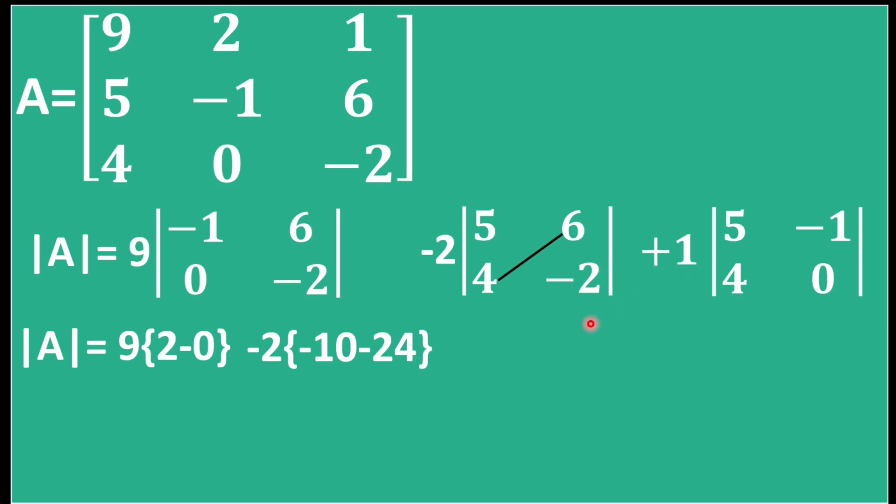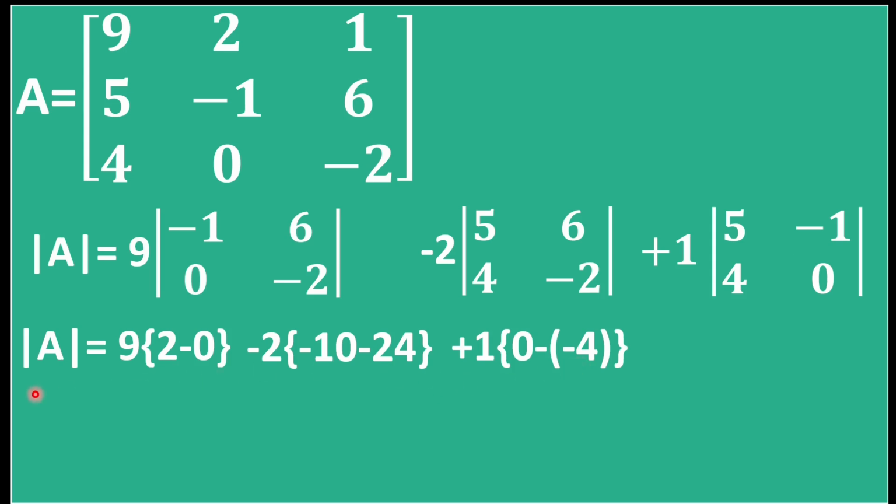So here we have this +1, and now we will multiply this 5 with 0. When we multiply 5 with 0 it equals 0, and then minus, and then we will multiply 4 with -1. When we multiply 4 with -1, it will equal -4.